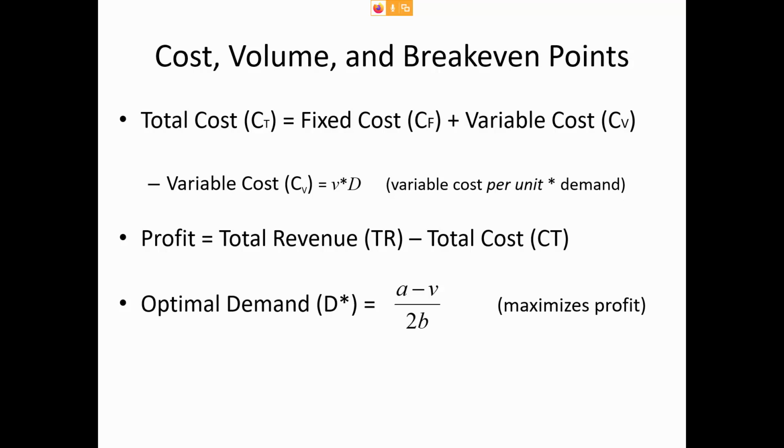So lowercase a was the vertical intercept, which is the purchase price at which point no one is buying any. Lowercase v is the variable cost per unit, and then you divide that by 2 times b, where b was the slope of the line. That's how much additional demand there is for each dollar decrease in price. That's b.